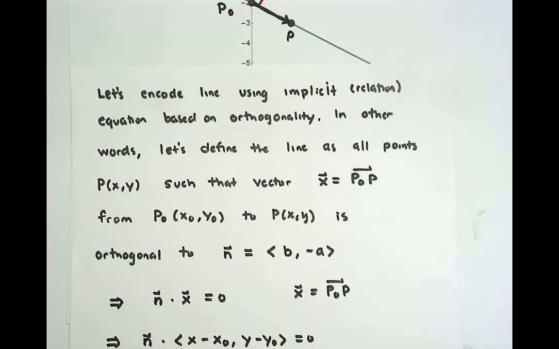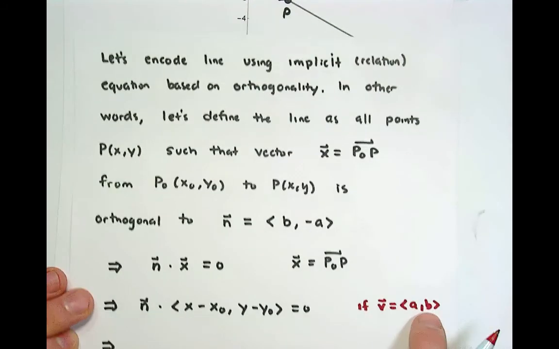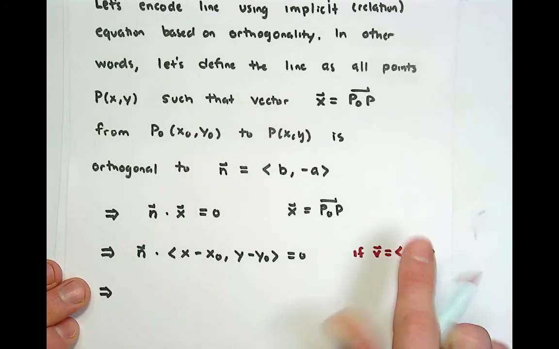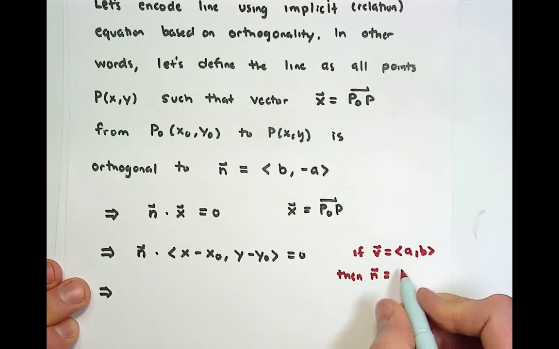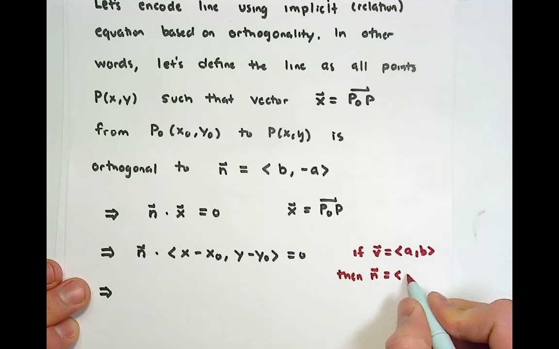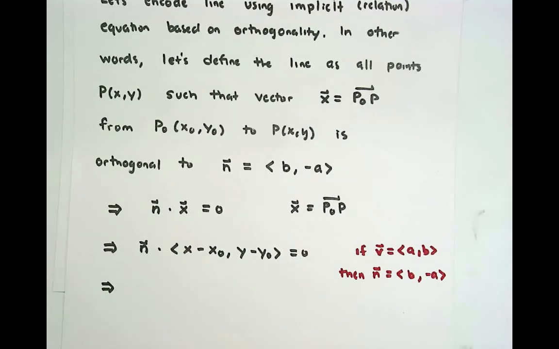And then we knew that if the vector v encoded the slope as the rise over the run, so the slope in this case would be b divided by a, then the normal vector had to be the negative reciprocal, which would be to switch these components and slap a negative on one of them.